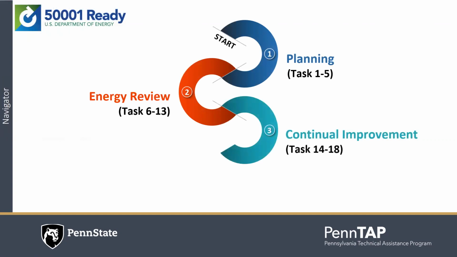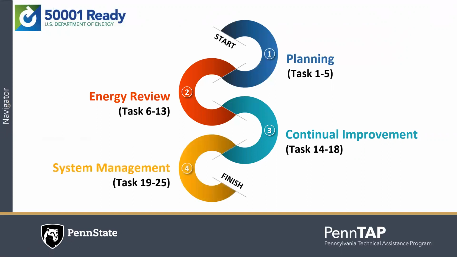Then you'll have the continual improvement piece, which goes into we have all these projects we can do, but how do we make sure we're actually continuously evaluating our projects and continuously evaluating energy? And then finally, there's a system management piece, which gets into how are you ensuring that the continuous improvement is occurring and where are all your documents? So we'll go into each of these tasks one by one to review the system.